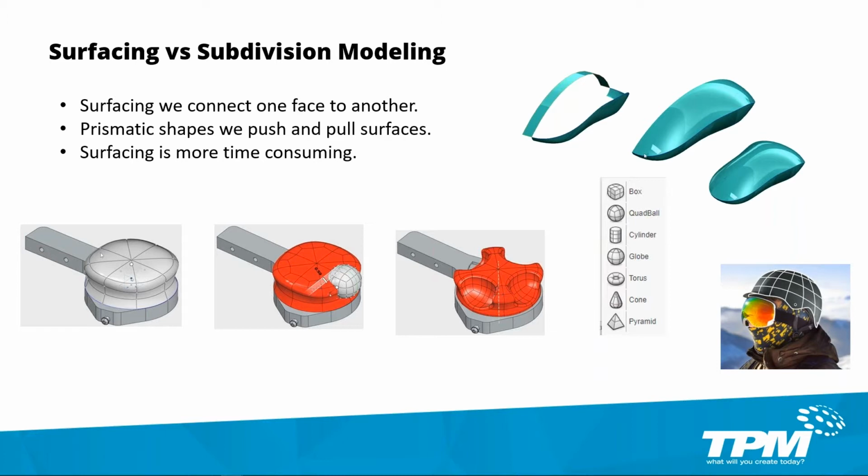These shapes can be divided up, pushed, and pulled to create amazing geometry, while maintaining that smooth transition from one face to another. During this presentation, we will take a close look at this amazing technology and see how easy it is to use.